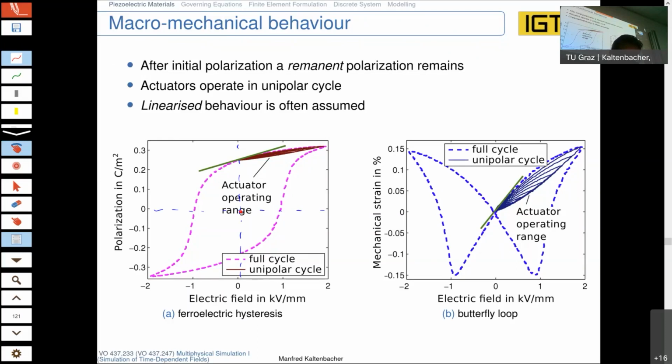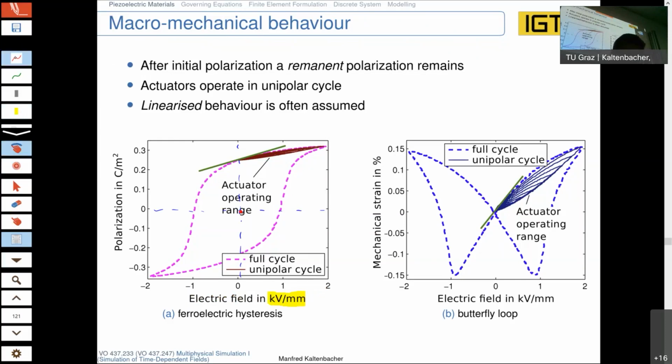Now we apply an external electric field. So in our diagram, along this axis is the electric field. And please look also at the units, it's kilovolt per millimeter. So it's clear why our structures should be quite thin.